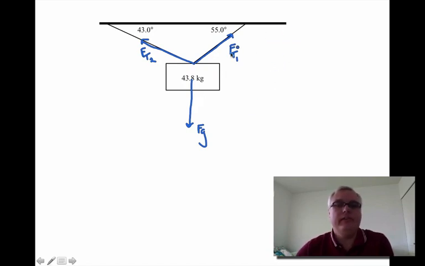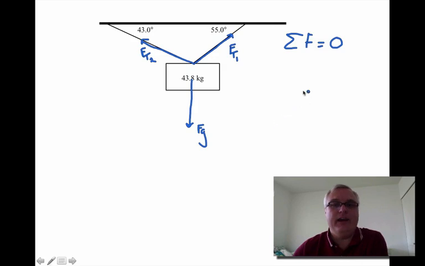Well, we know that since the object is at rest, the net force is zero. In other words, the sum of all of the forces acting on this object add up to be zero. So what we have is a very simple vector diagram where Ft1 plus Ft2 plus Fg get us back to where we started, right?